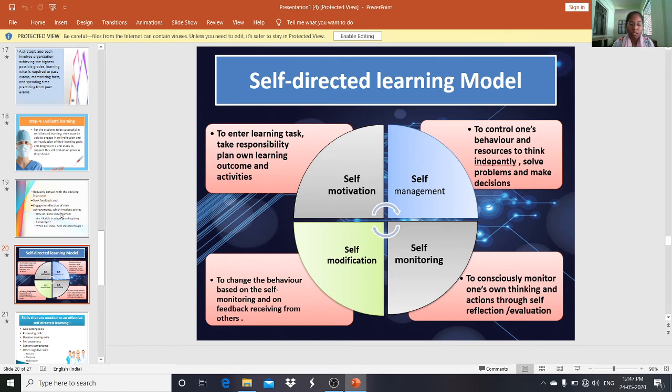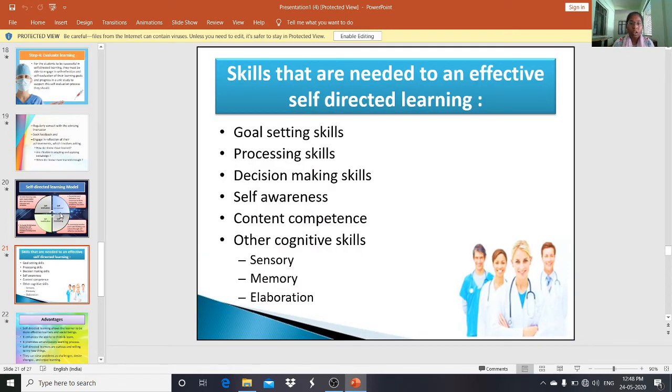In self-modification, we modify and change behavior based upon self-monitoring and on the feedback received from others. In self-monitoring, to consciously monitor one's own thinking and actions through self-reflection or evaluation. Skills needed for effective self-directed learning are goal-setting skills, processing skills, decision-making skills, self-awareness, content competence, and other cognitive skills like sensory memory, elaboration, etc.